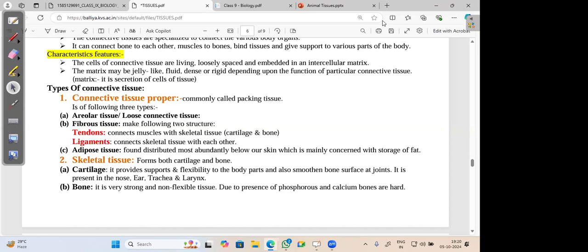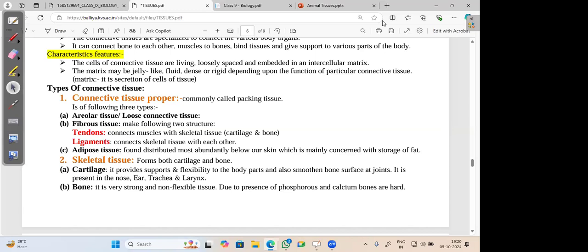Harshit, what are the different types of cuboidal tissue? You have ciliated cuboidal, glandular cuboidal, and sensory cuboidal.